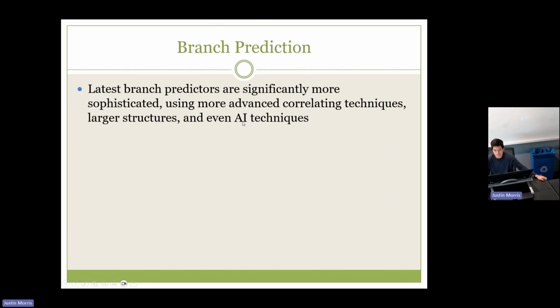It's using machine learning, it's using a perceptron. The largest machine learning based branch predictor that I've seen is using a perceptron. A perceptron is very small. That's not using something like convolutional neural networks, because we need to fit in the clock cycle of the CPU, right? And it can't be too large.